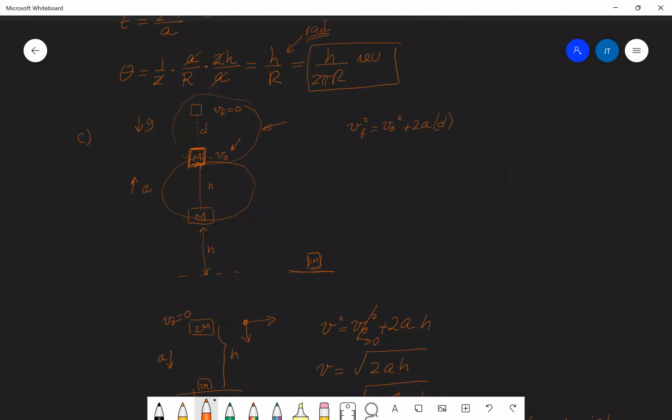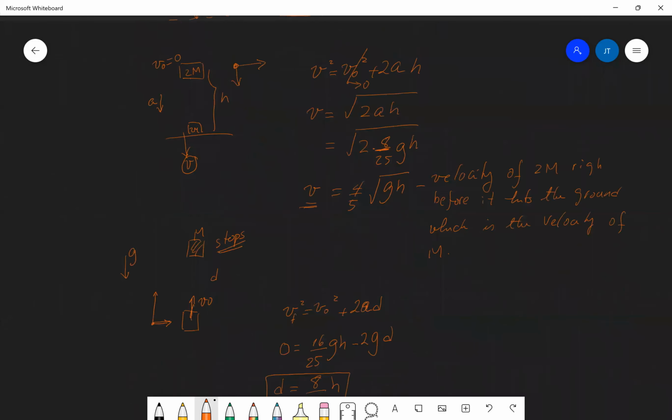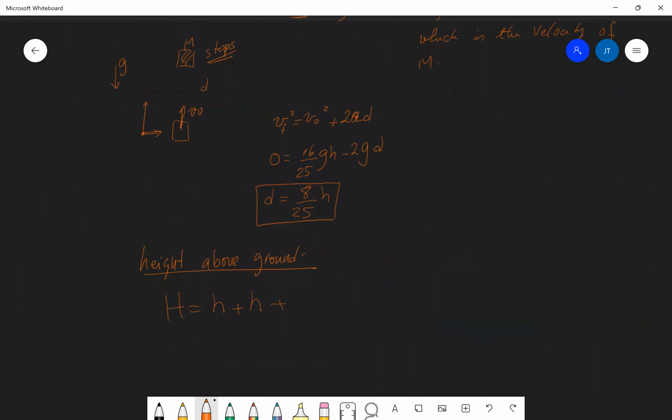This went down a height h, this goes up a height h, plus the free fall height. So this is 2h, and here's an h, so that will give me 58 over 25 h. That is how high above the ground mass m will go. Okay, and that's the problem.